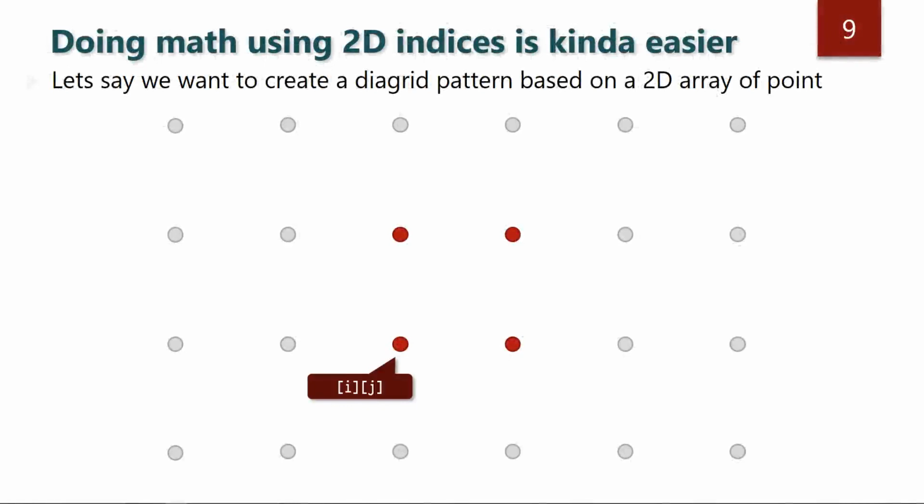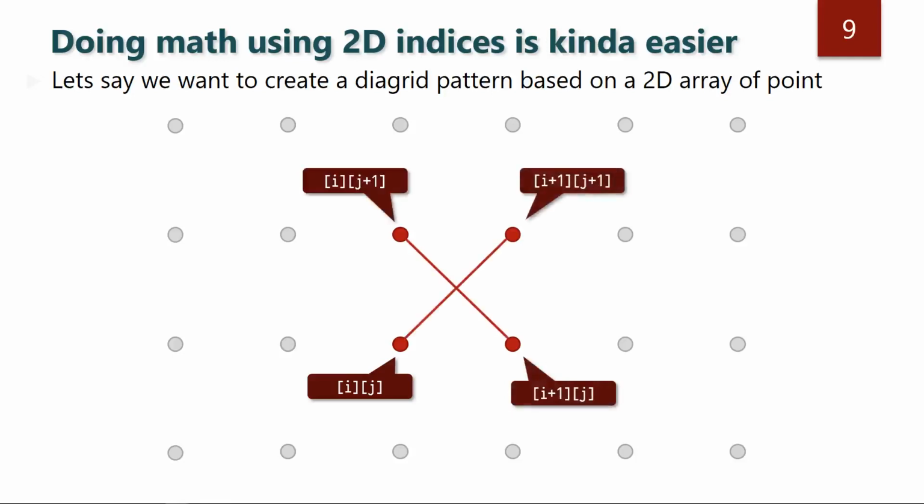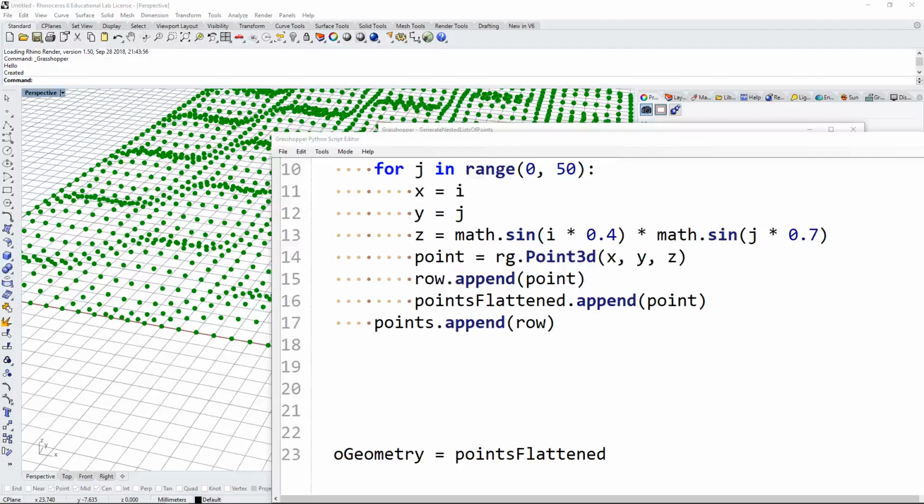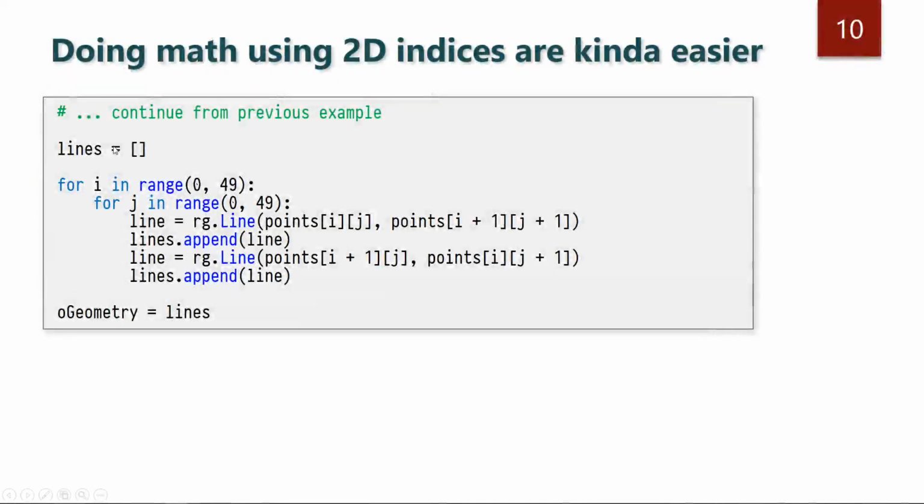So we just say points[i][j] to get the first point, and then if we do points[i+1][j], we get that neighbor, and similarly for the others. They are just Point3d. Then we put them into the line constructor command to get the actual Rhino Common line, and then we append that line to the list of lines here.